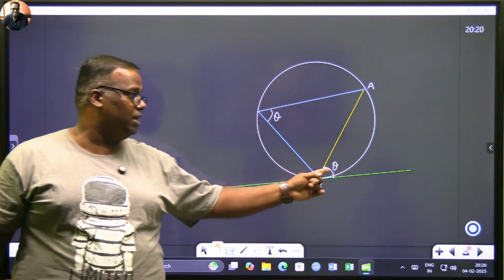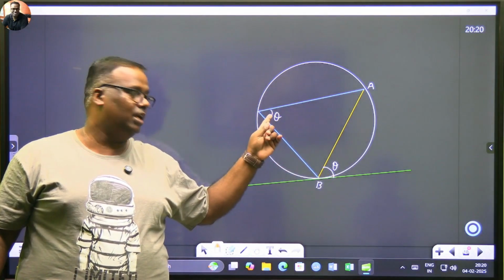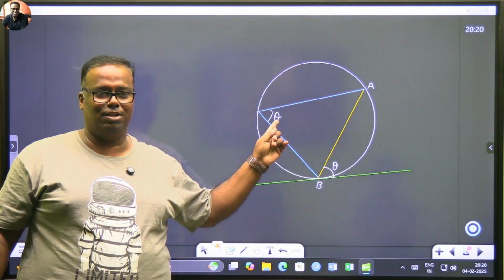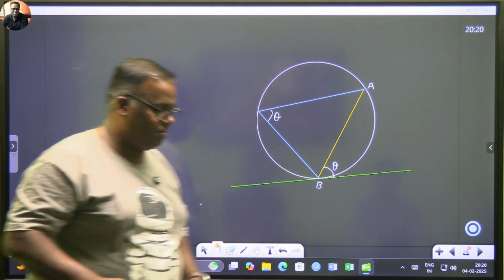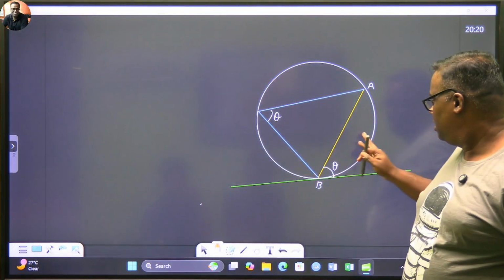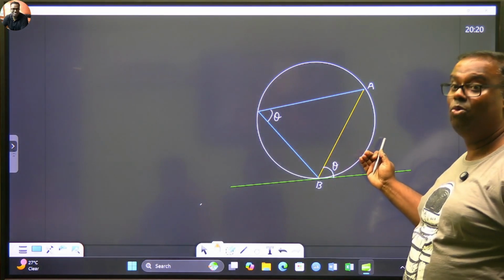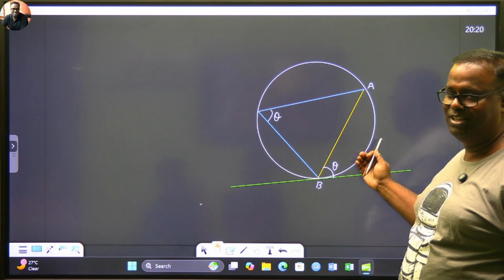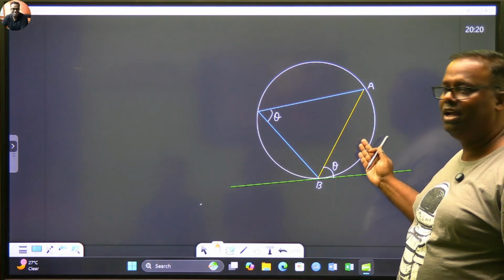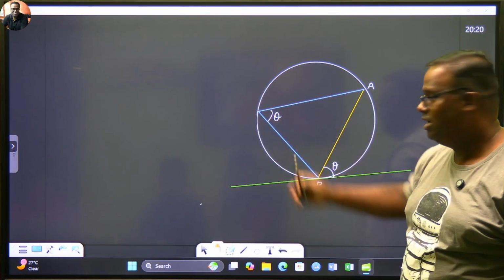First of all, understand, this is my chord. Where was this angle found? On this segment. So why did I teach you alternate segment? The opposite side of the side you are focusing on is the alternate segment. This is the alternate segment.